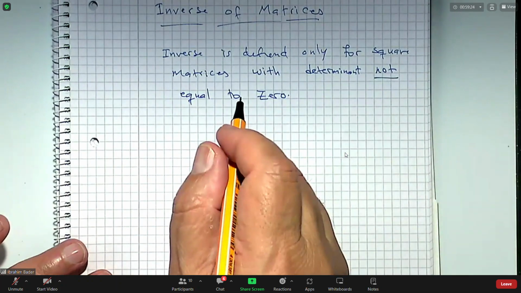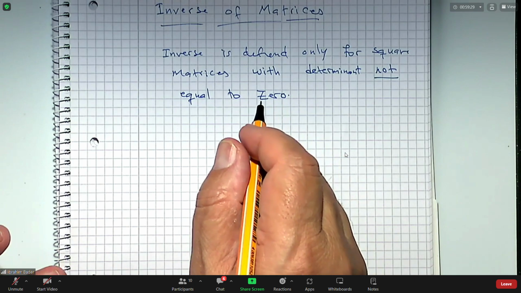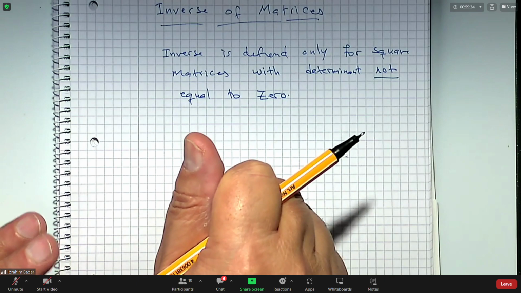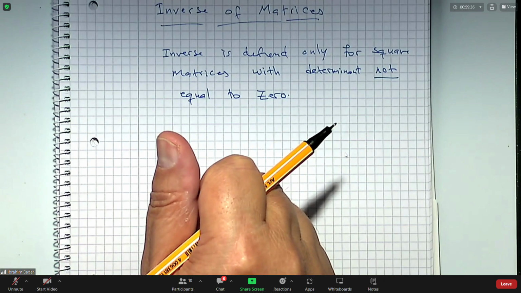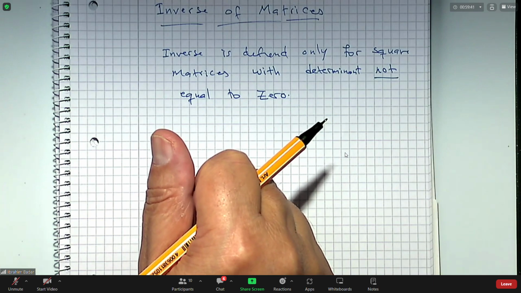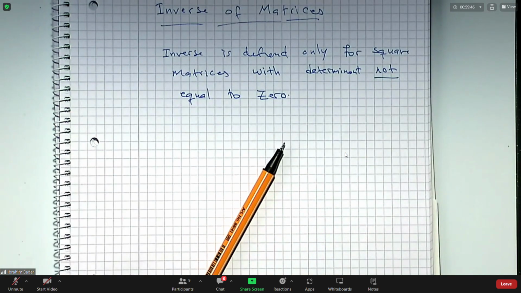So to be able to evaluate the inverse of a matrix, we need first to check two things. Is the matrix a square matrix? Then it's possible, but this is not enough. Further, we need to check that the determinant of this matrix is not equal to 0. So two conditions must be checked before you start talking about or evaluating an inverse of a matrix.